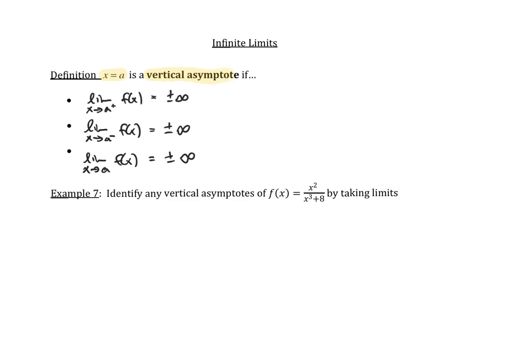When we say that, I just want to emphasize a vertical asymptote is a vertical line. And vertical lines generally have the form x equal to some number. We're calling it a in this particular case, but you could specify a to be like x equal to 2, something like that.